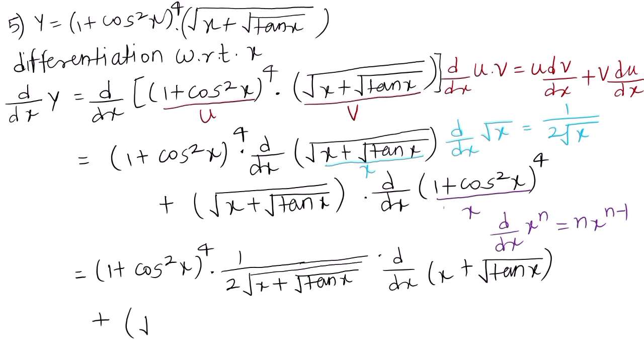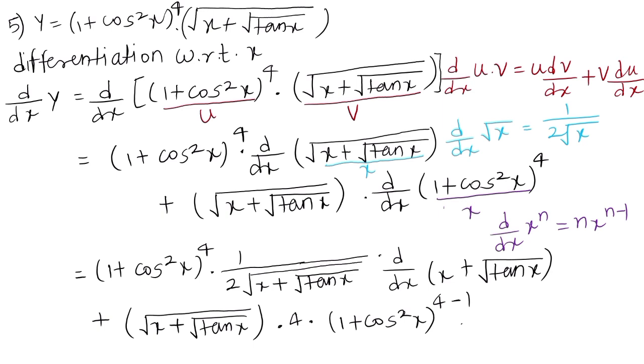The expression is under root x plus root tan x as it is. To find differentiation of (1 plus cos square x) raised to 4, we will consider 1 plus cos square x as x. So its answer is n x raised to n minus 1. Here n is 4. So we will put 4 as it is. Then x is the entire expression, that is (1 plus cos square x) raised to n minus 1, that is 4 minus 1.